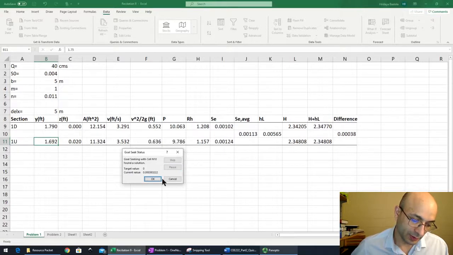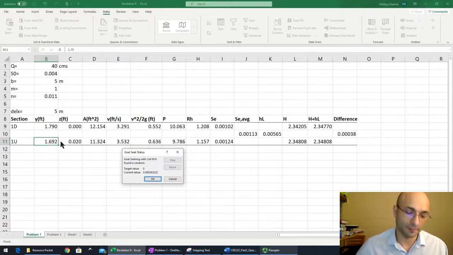When you click OK, it will go through an iterative process and give us a y value that results in the least difference. Of course it's not going to be perfect, but it will give us a much better answer than we could using a calculator, and it's also a lot quicker.